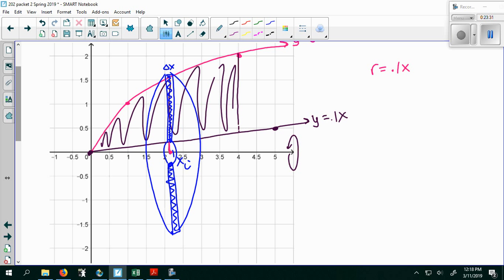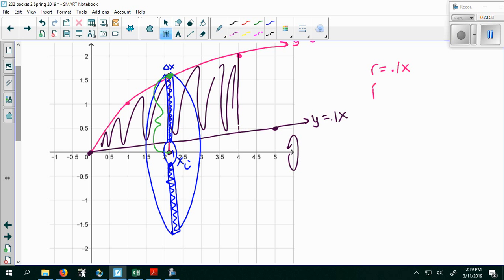And then big R is the distance from the center, the x-axis, to the furthest distance on my representative rectangle. So this distance, which is y equals square root x, the distance from the x-axis to this point, which is on the graph y equals square root x.